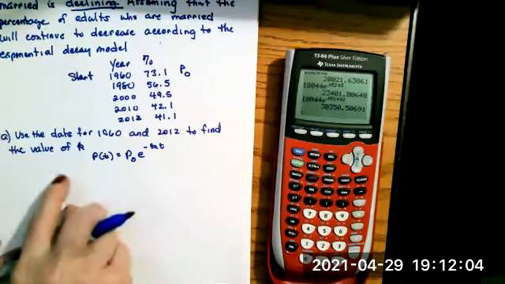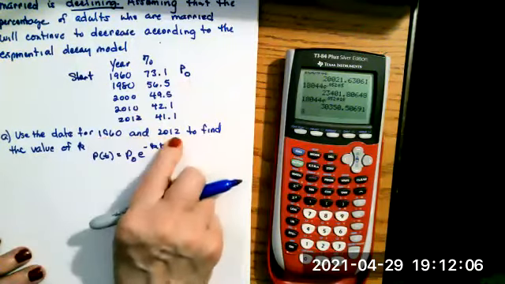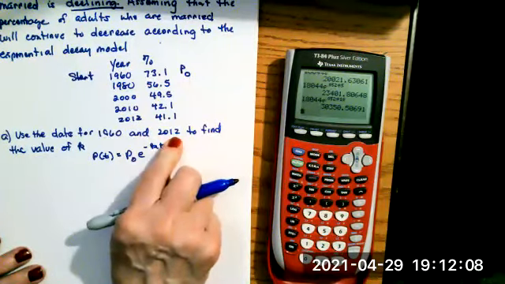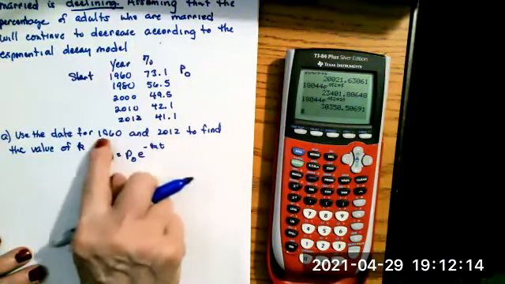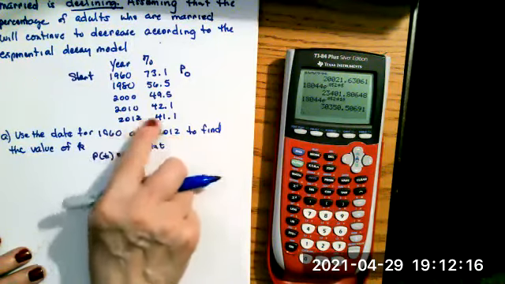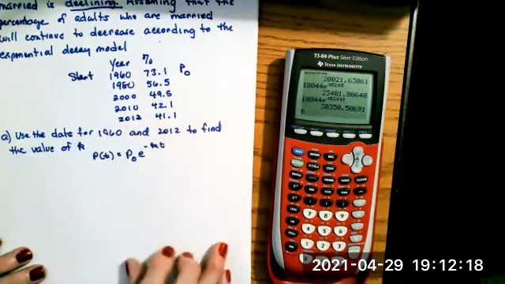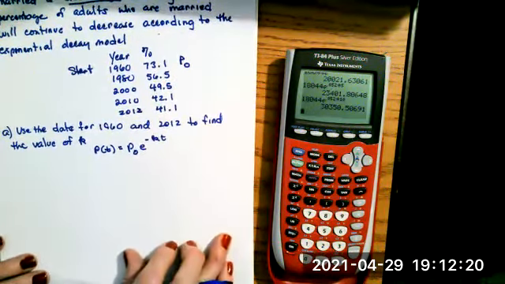And when you put the information in for 1960 and 2012, you're going to get what your K is, because this will tell you the number of years, and you've got your information for 2012 and 1960. So this is the way you want to do it.